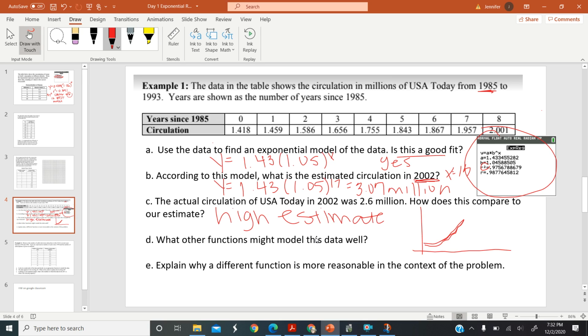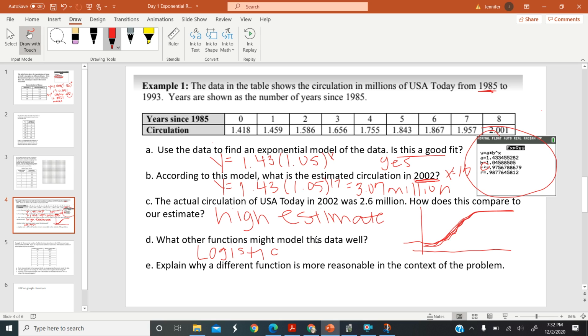But we're going to draw the graph as if it's leveling off. There's only so many people in the world, it can't go up forever. So if you end up having a graph that looks like this, where it levels off at the top, then if you remember from a few units ago, that's called a logistic model. So another function that would work well for this would be a logistic model.